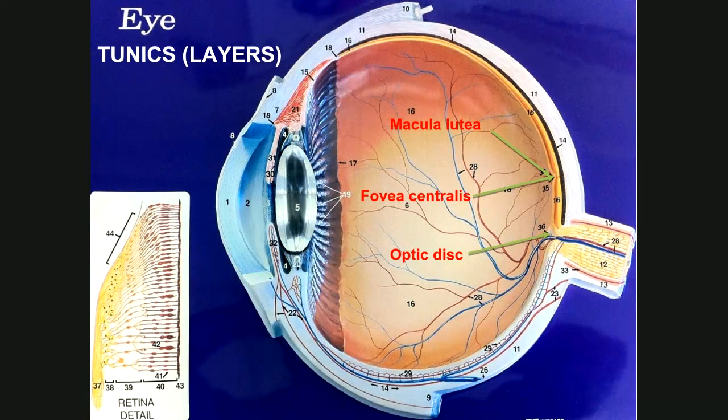So that's where they have tons of cones. And then there's another place, and that's right here, which is where all those nerve cells are going to exit the eyeball, and there are no rods and no cones, which means there's no photoreceptors, which means this is a blind spot.